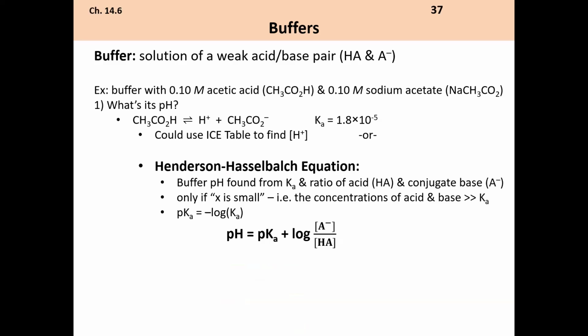This only works if X is small, so if the concentrations are much bigger than the Ka. And remember that pKa is equal to negative log of Ka, because we said pH equals negative log of H plus. Well, if I have pKa, it's negative log of Ka.